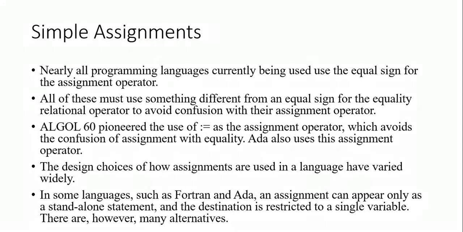Algol 60 pioneered the use of a colon followed by equal to as the assignment operator, which avoids the confusion of assignment with equality. Ada also uses this assignment operator. In Ada and Algol 60 we have colon followed by equal to.